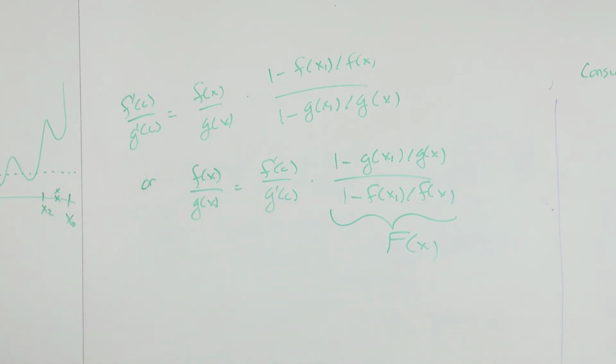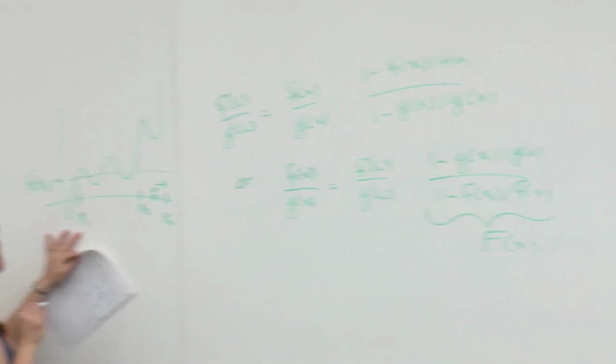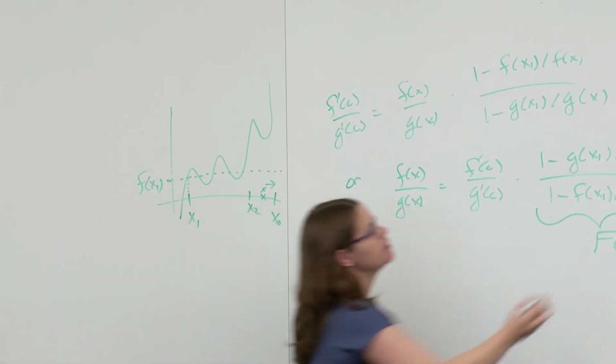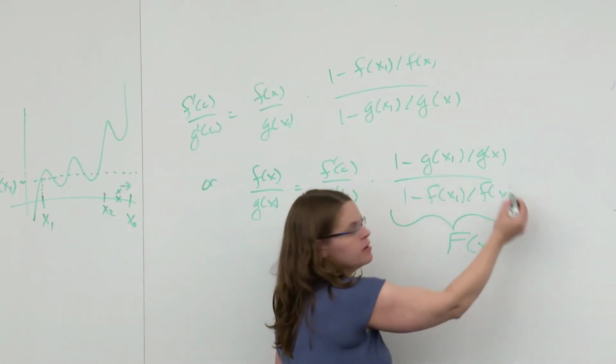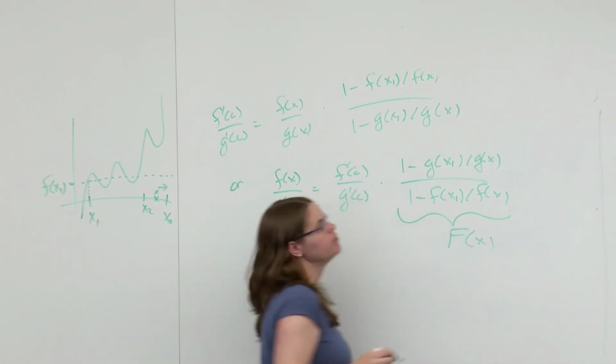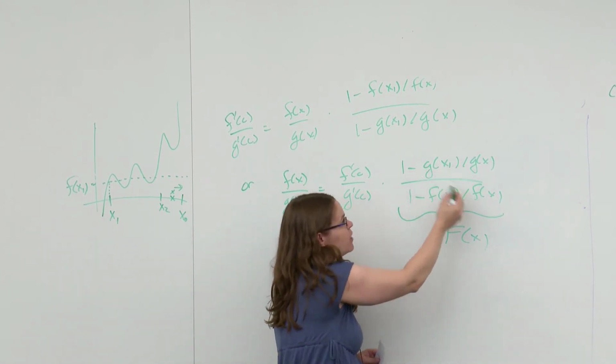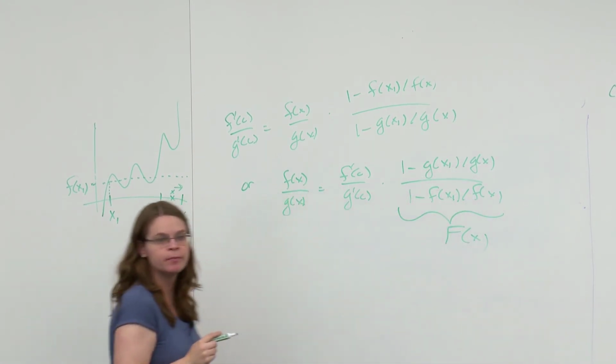So let's say that x1 is fixed. I've taken x somewhere out here. And again, I'm going to let x approach x naught. As x approaches x naught, this goes to infinity. This goes to infinity, right? g of x1 and f of x1 are just fixed numbers.